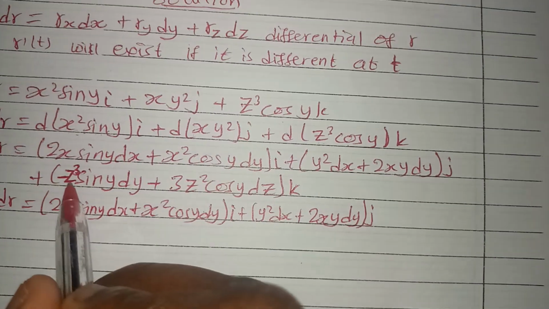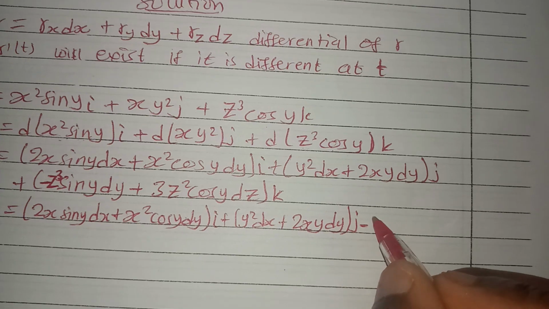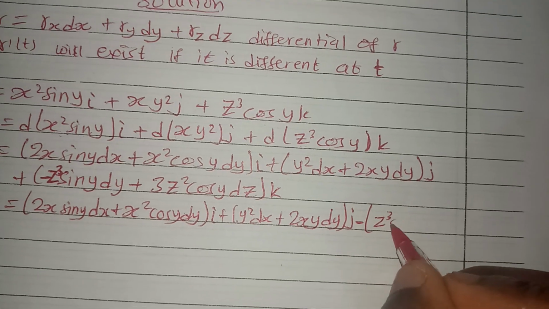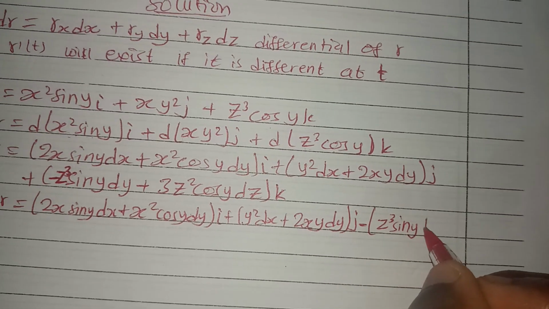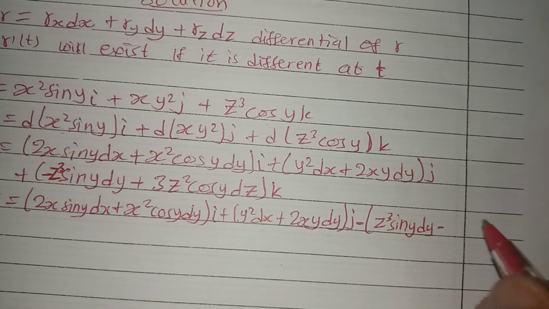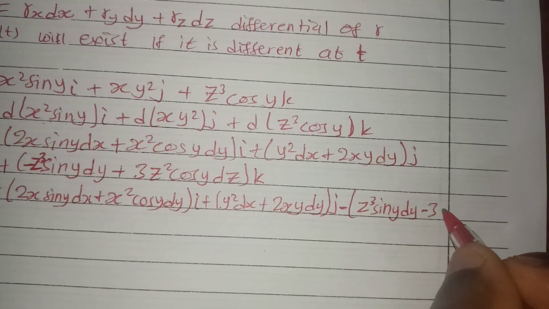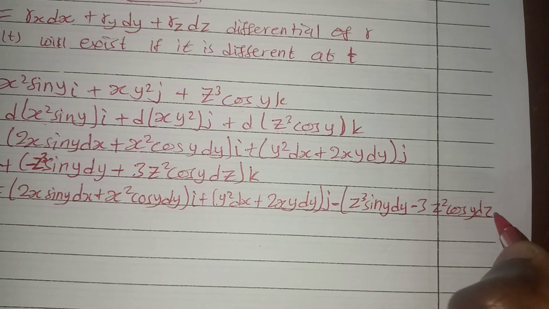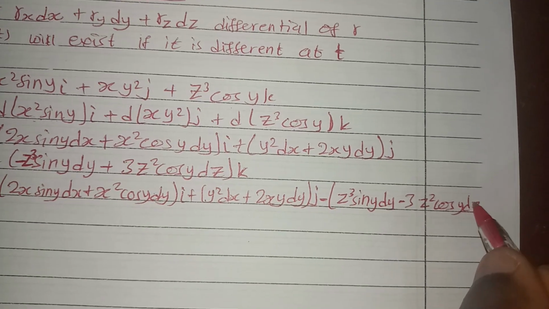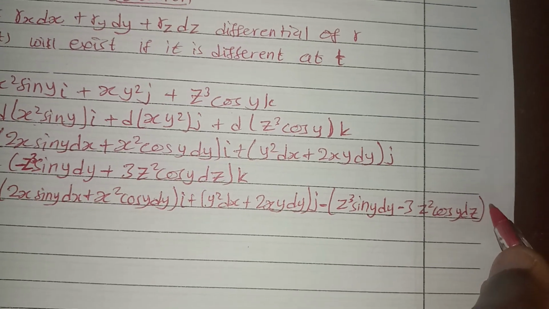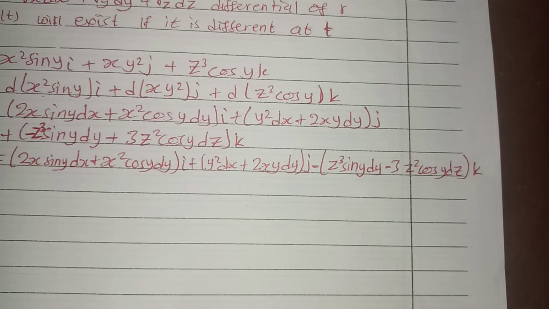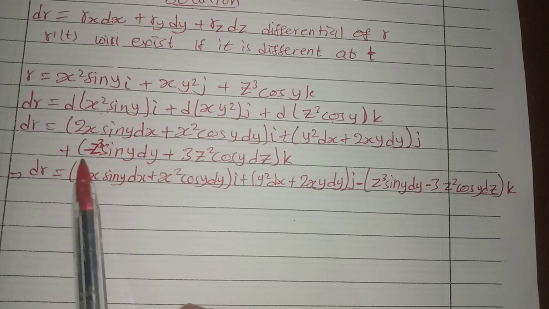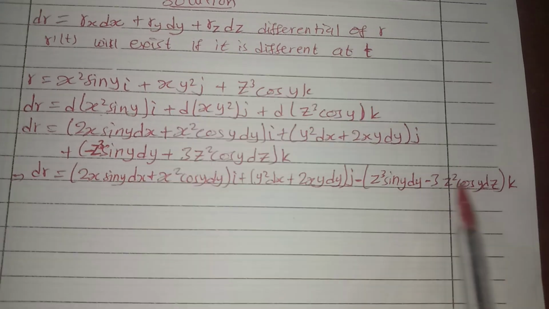Here I can factor the minus out, so in parentheses we have z exponent 3 sine y dy, then minus 3z squared cos y dz, then we have the k here. Please, this is the final answer to this particular problem when you are applying the product rule.